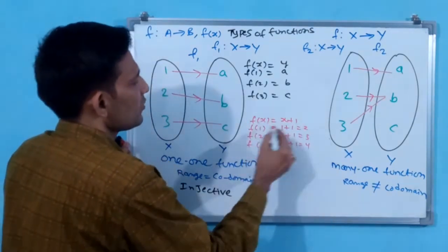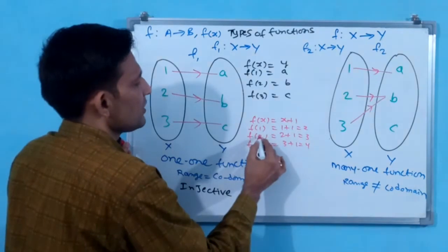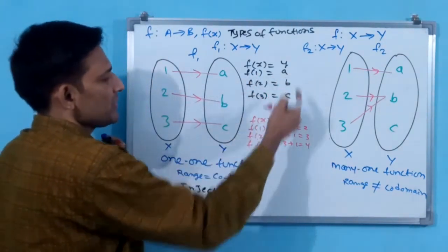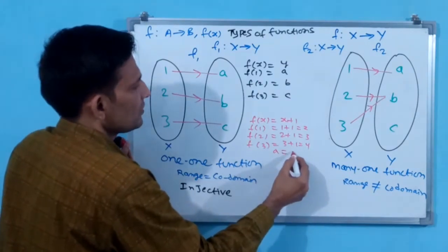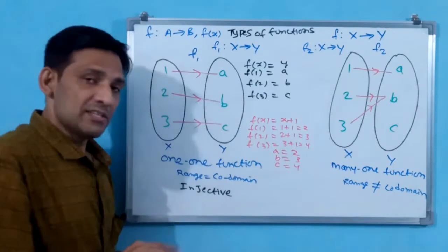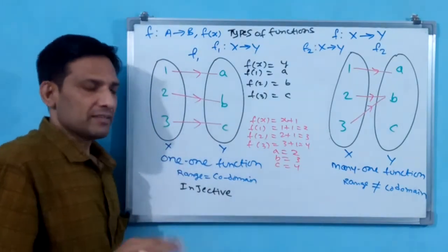Here f of 1 is equal to 2, f of 2 is equal to 3, f of 3 is equal to 4. So a is equal to 2, b is equal to 3, c is equal to 4. This we know already from class 11 or so.